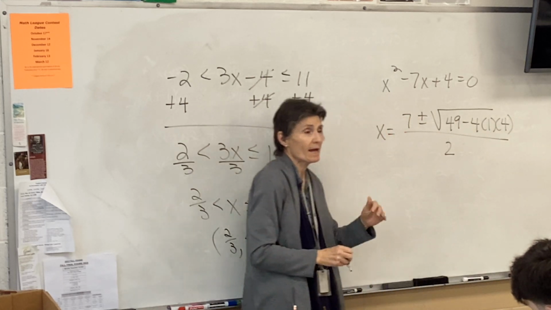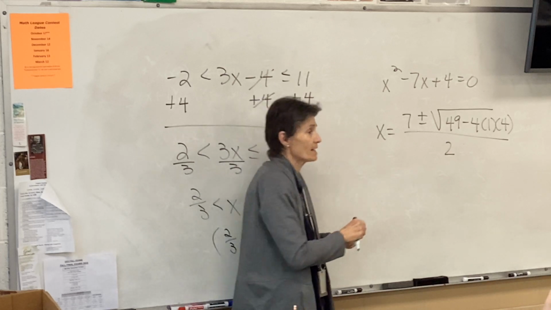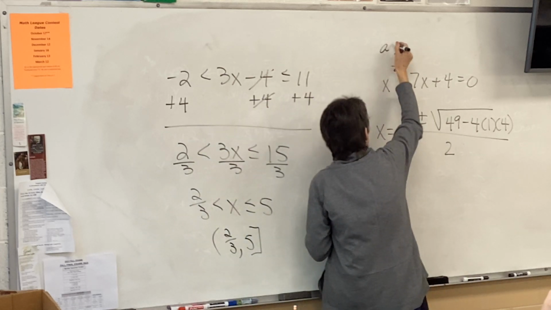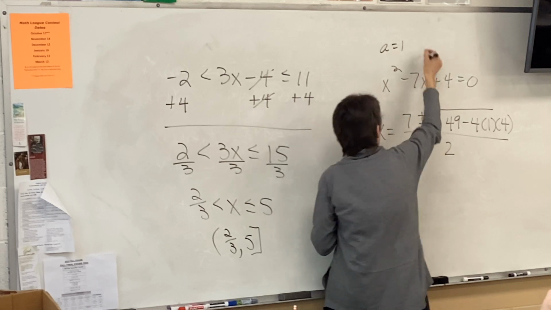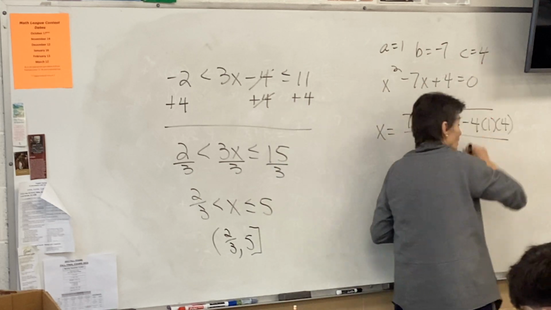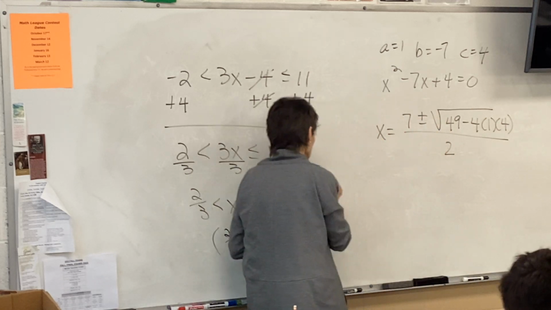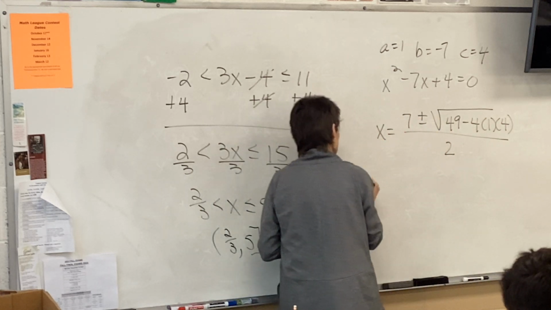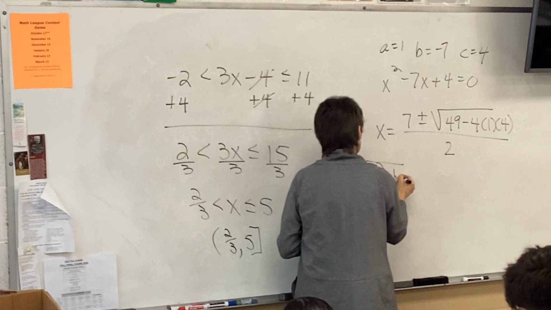Now you are gonna have tons of time on this exam, so if it helps you to actually write a equals 1, b equals -7, c equals 4, and write out the formula, and then just plug and chug, do it that way.